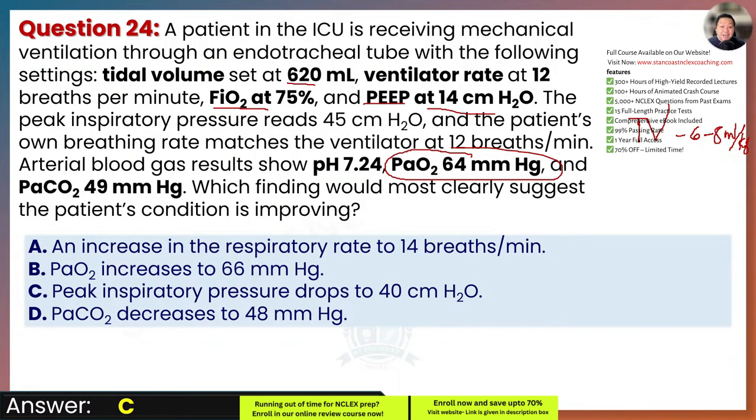And the high PEEP can also help to increase the functional residual capacity and also improve the oxygenation by preventing the collapse of the alveoli. Okay, and it will also facilitate better gas exchange. However, if the PEEP is set too high, it can also cause barotrauma.